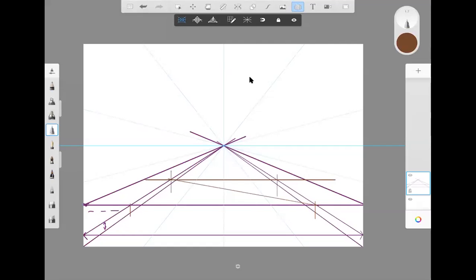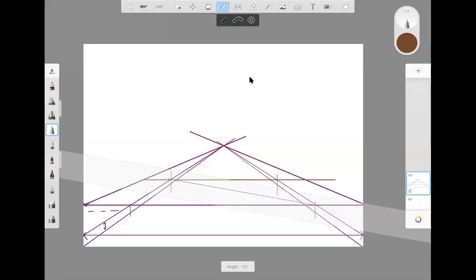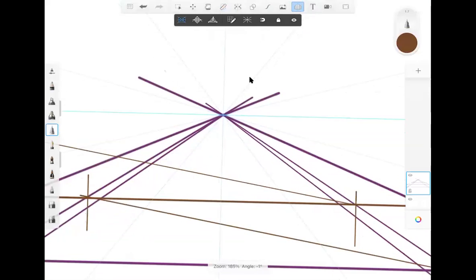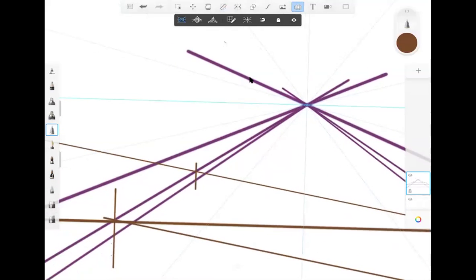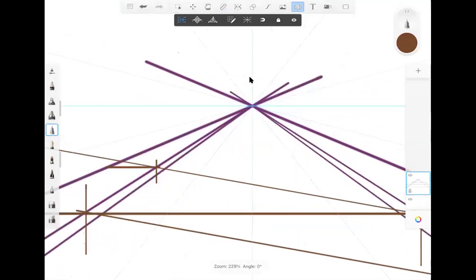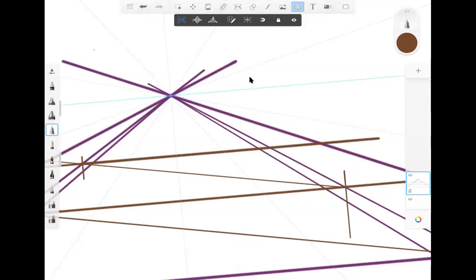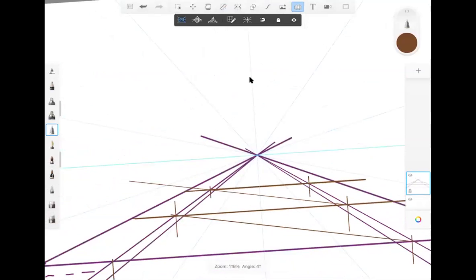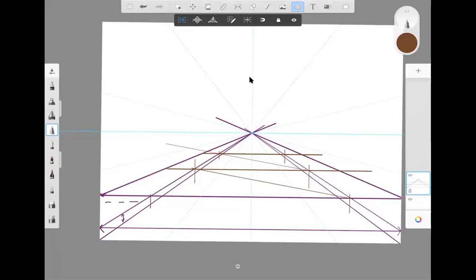Straight line there. Okay. I can take my guide, move it up, minus 10 degrees. Straight. Horizontal. So you can see now it's going to diminish at an even rate.